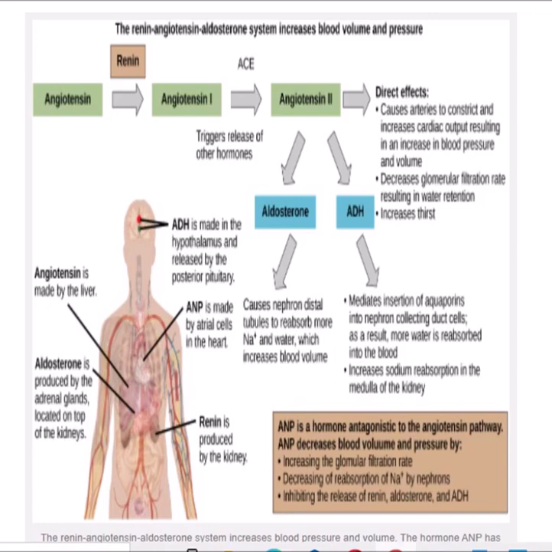Almost all of the sodium in the blood is reclaimed by the renal tubules under the influence of aldosterone. Because sodium is always reabsorbed by active transport and water follows sodium to maintain osmotic balance, aldosterone manages not only sodium levels but also the water levels in body fluids. So you can see the correlation.